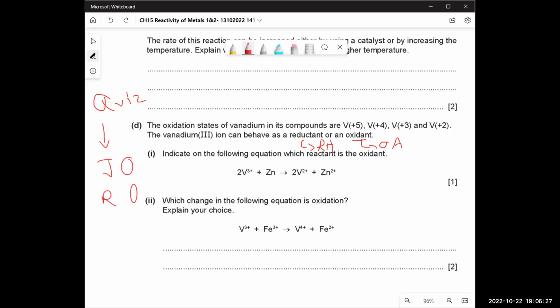Sir, I was saying oxidant means oxidizing agent, OA. Zinc is oxidant. This one? Yeah. All right. Rania, your answer?